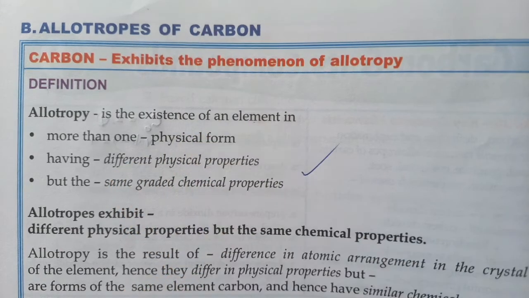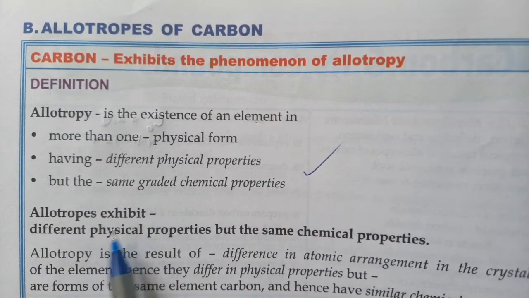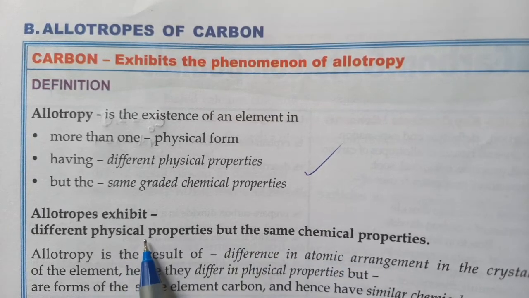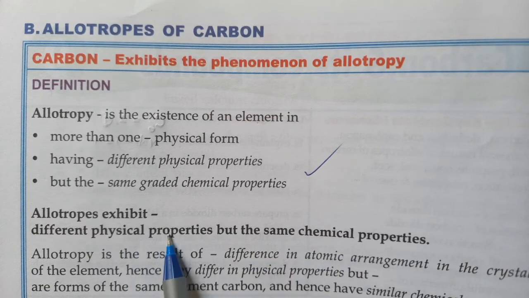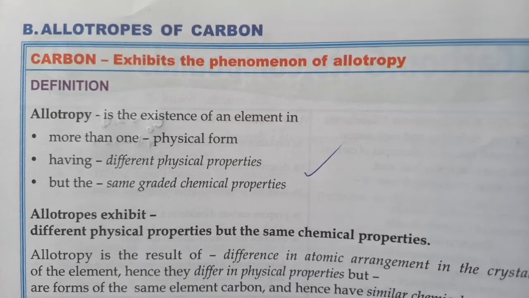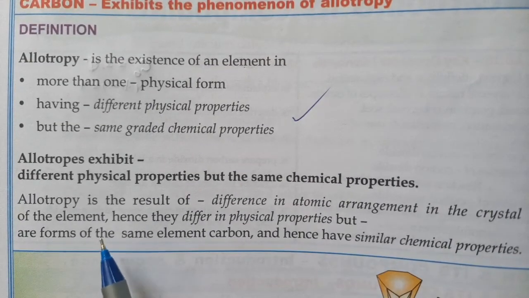And who am I? Carbon. So do remember, allotropes exhibit different physical properties but the same chemical property, just as they show different physical appearance as they dress. But you cannot write like this in the exam; this I am teaching to make you understand, students.